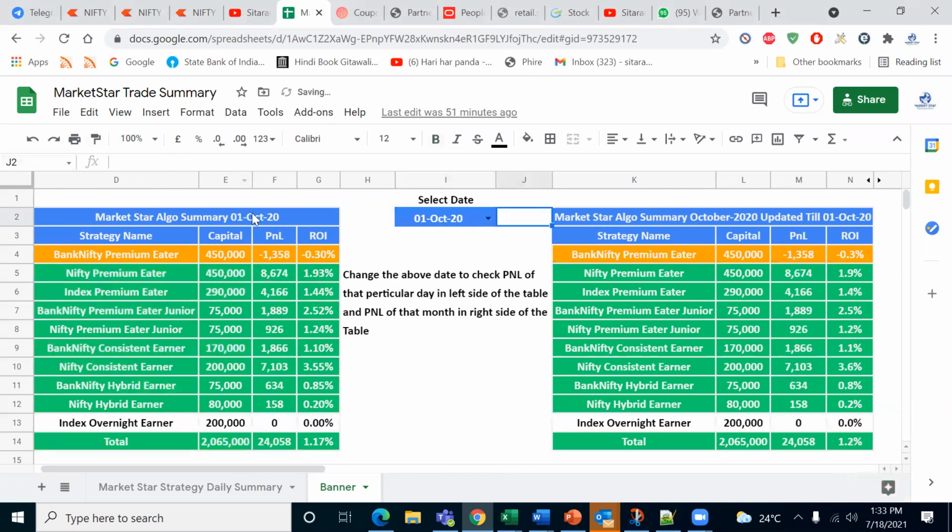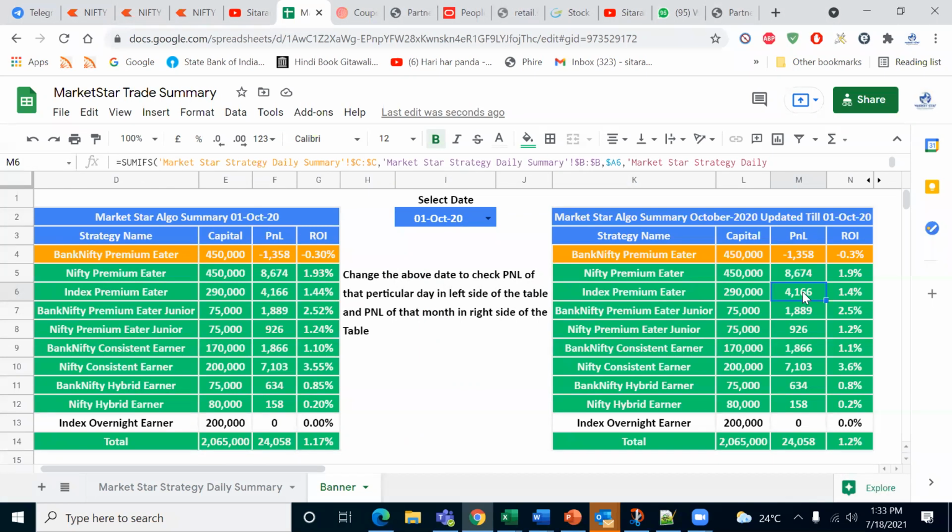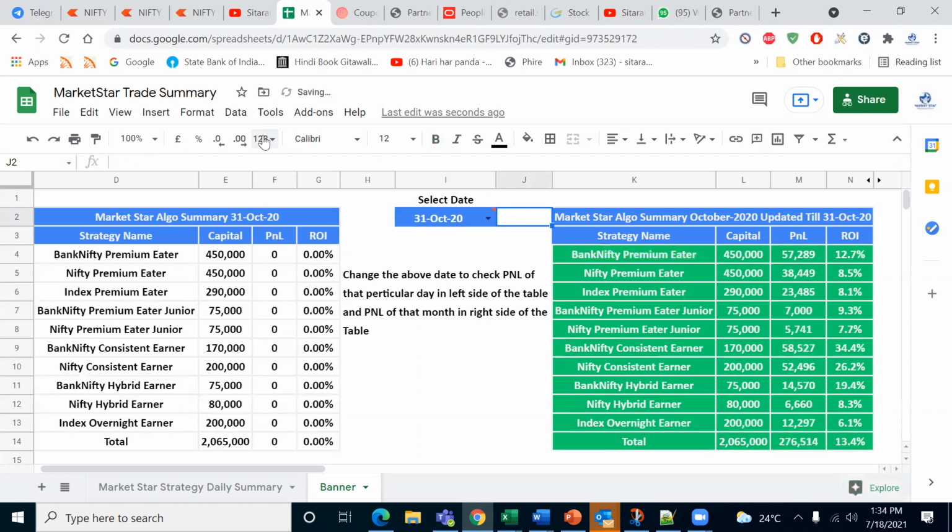In the month of October, index premium meter has given a little bit low profit, but that is fine, that's why I started with the month of October. This is monthly data. Let me change it to 31st October, that will give you the correct result, I guess.